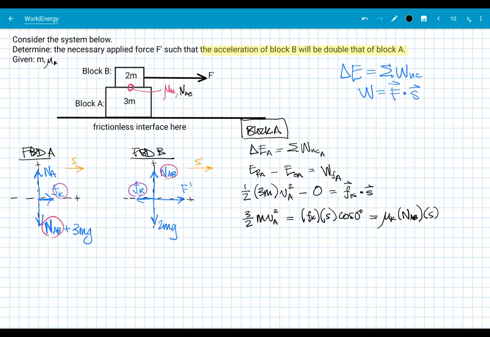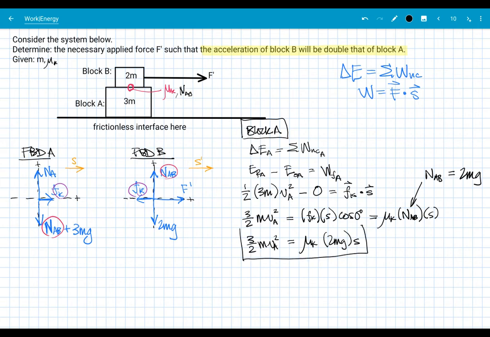If I look at my free body diagram for B, I see that I have no acceleration in the vertical, so I can gather there that this normal force N_AB is equal to 2mg. So that'll simplify this a little bit more. It's equal to mu k times 2mg times S.